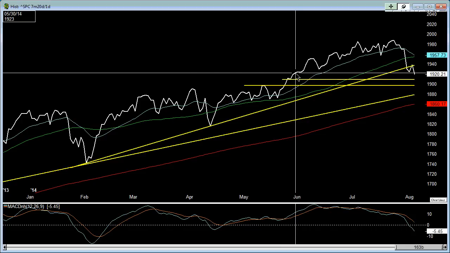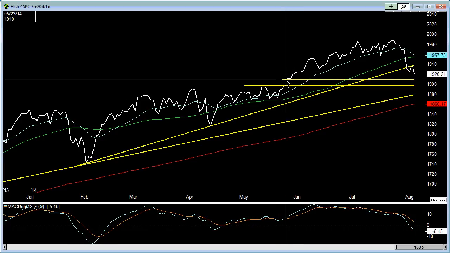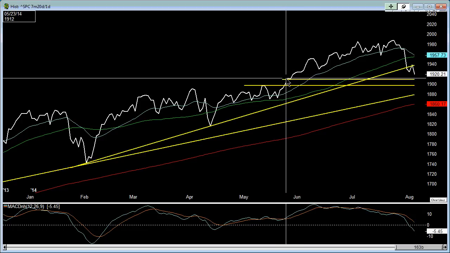So here's that 1925 area. You can see there's some confluence there that provides some possibility of people looking for support at that level. And here we've got these pivot points somewhere around 1910. Today closed at 1920, so we might expect that the S&P might drop down to 1910 tomorrow if it continues to come down.